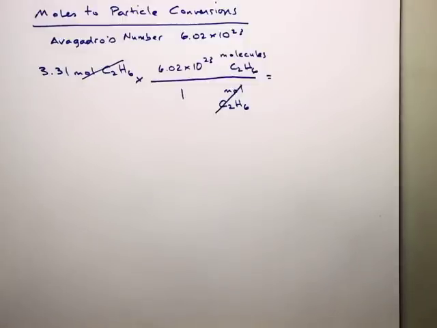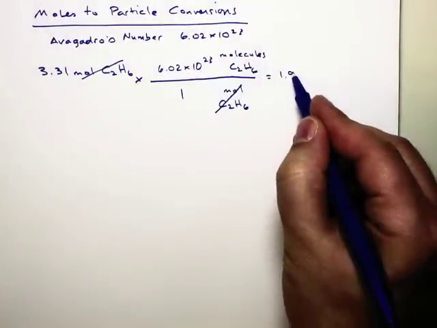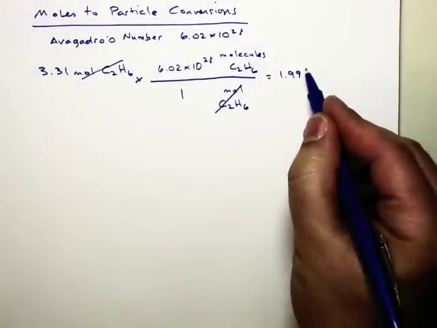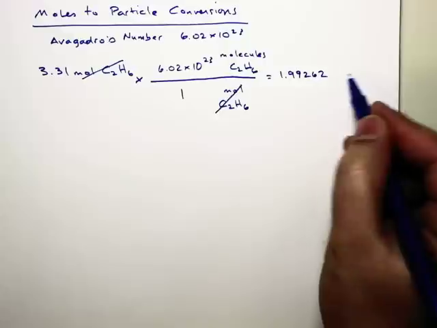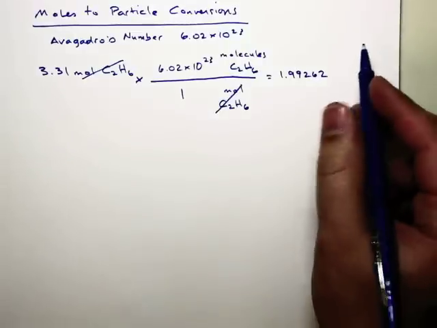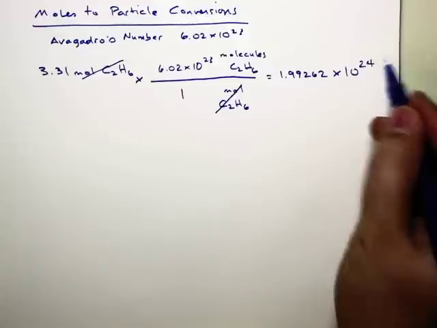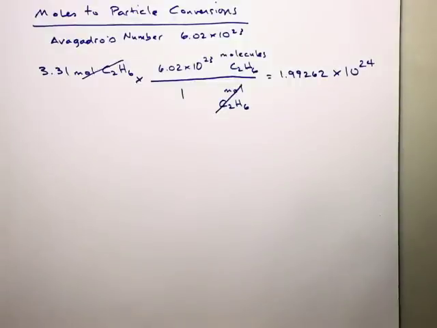If you don't have them in place, your calculator might misinterpret what you're trying to get it to do, and you're going to wind up with a way wrong answer. Now, right now, my calculator says 1.99262 E24. Now, if your calculator says E24 as well, E24 just means times 10 to the 24th power.